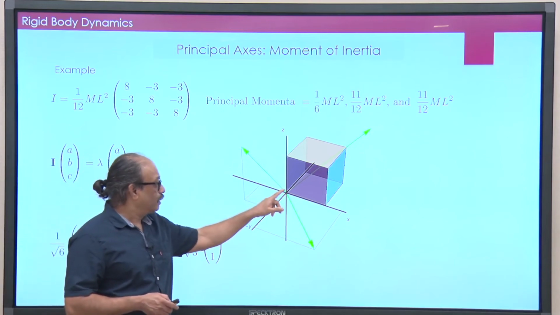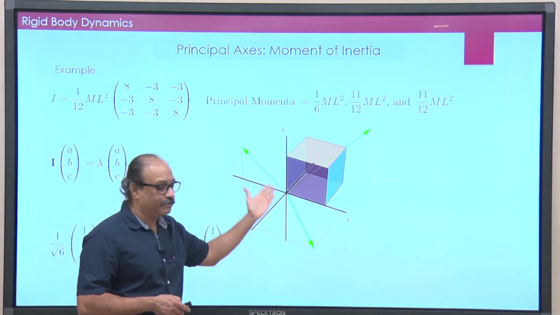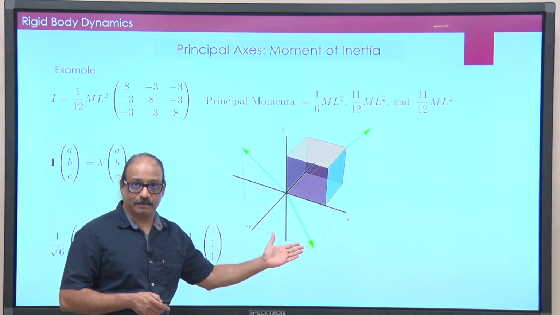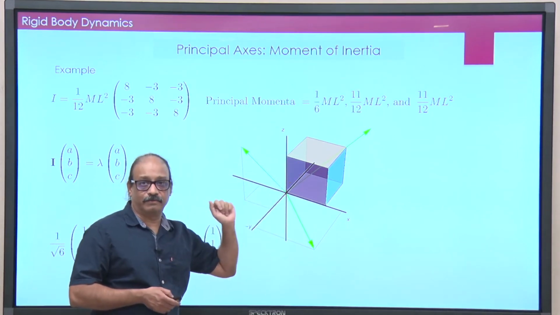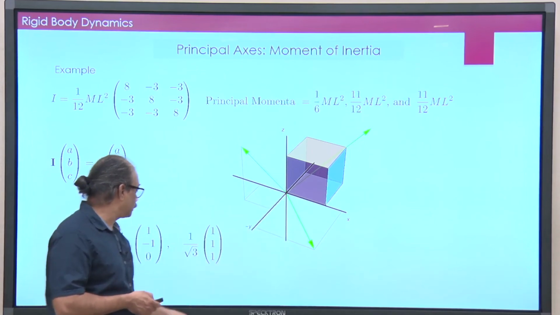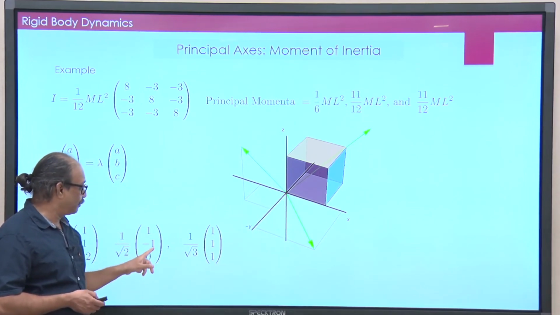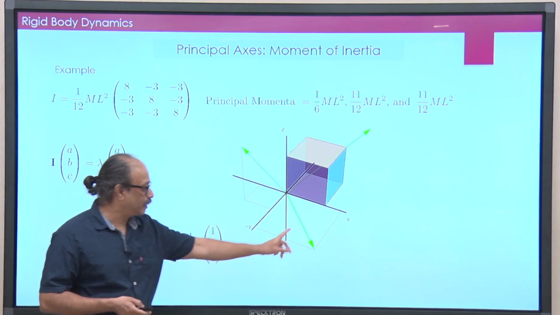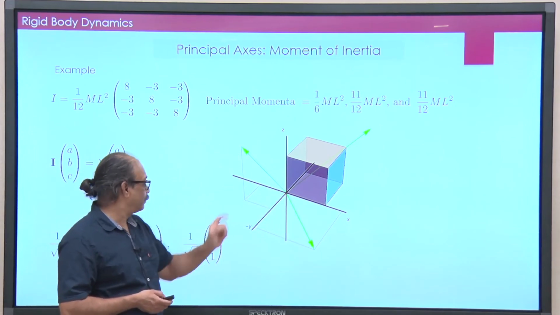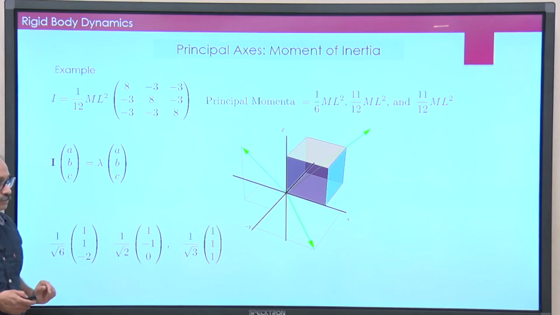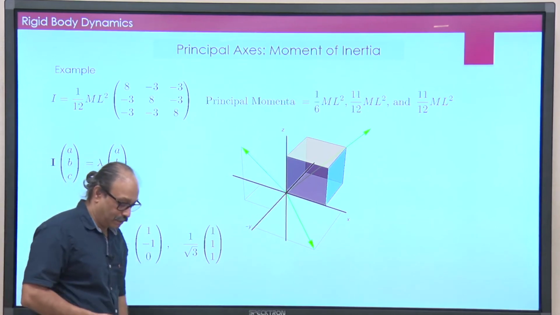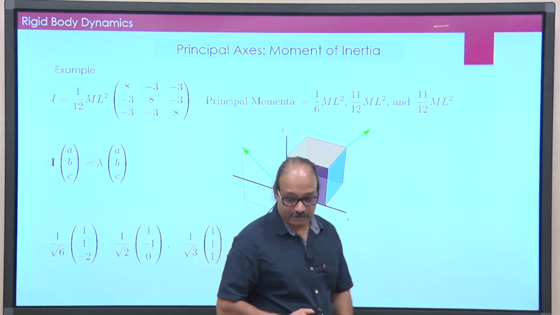So, here in fact, I could have chosen any 2 non-collinear vectors from the plane perpendicular to 1 1 1, but the choice that I have made here is 1 minus 1 0, that is in the xy plane, that is this vector, and one more vector which is perpendicular to these 2. So, these are the 3 principal vectors.